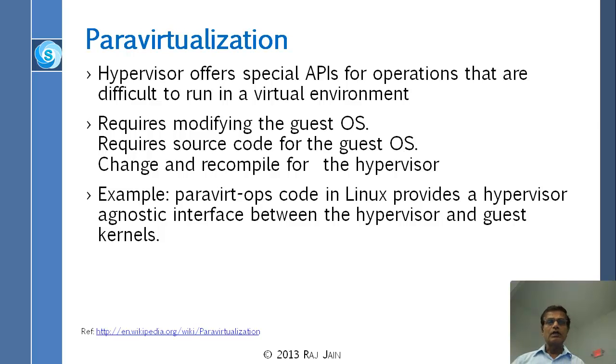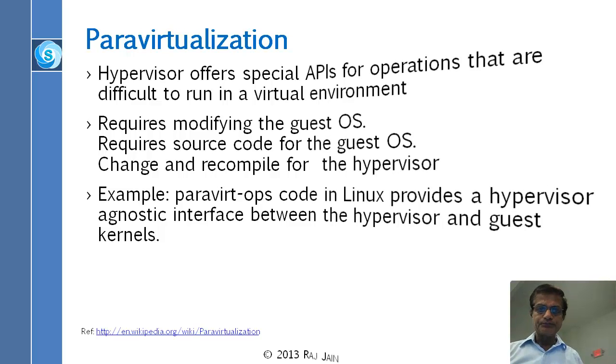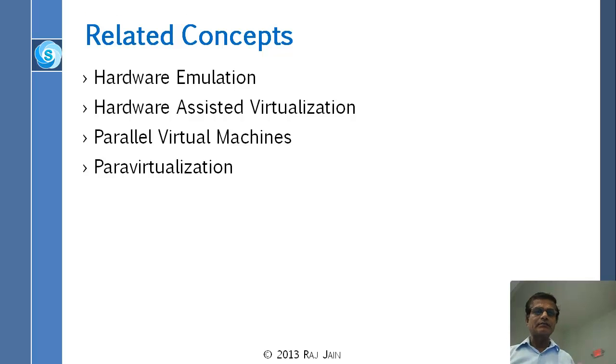Okay? So now we have learned 4 different concepts. Let's just remember those 4 concepts. Hardware emulation simply means that you want to somehow be able to run instructions which are for a different processor, like x86 on Sparc or Sparc on x86. That is emulation.